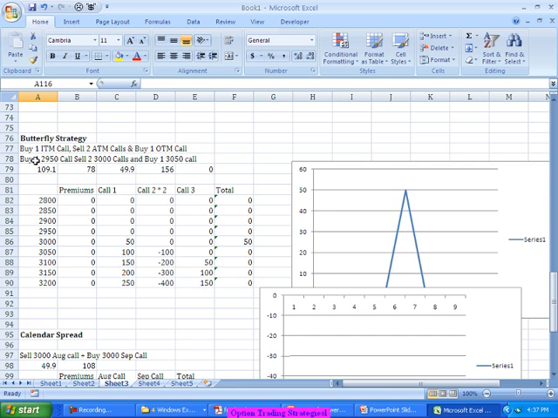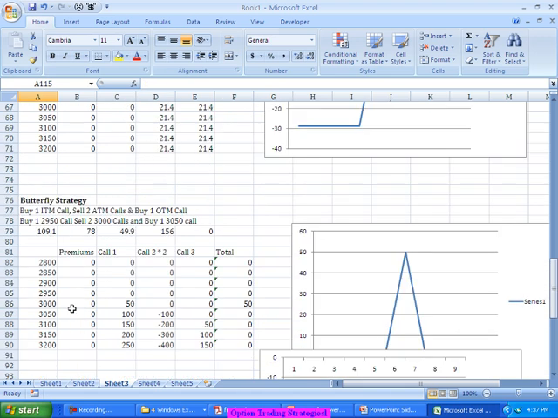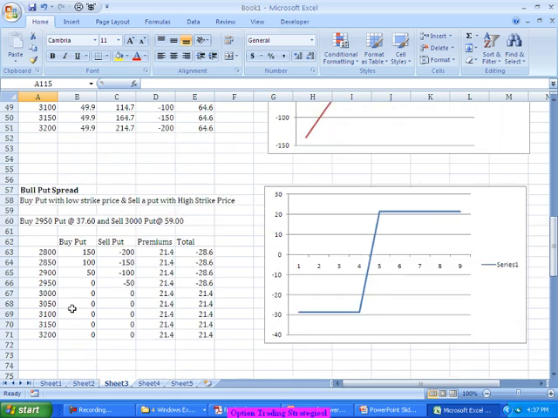2950 call I think is available at 109.1 on that day, right? 2950 call is available at 109.1 and 2950 put is at 37.6.